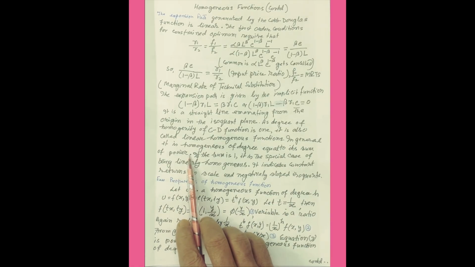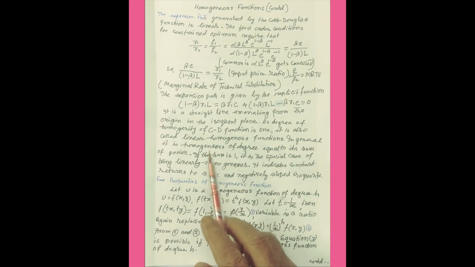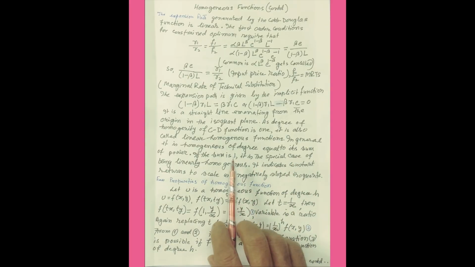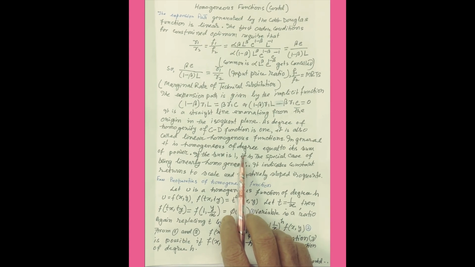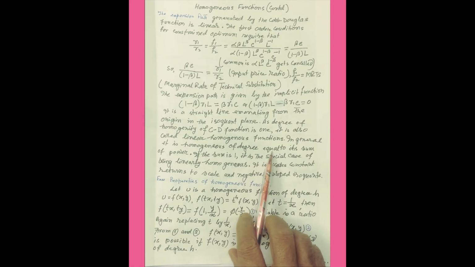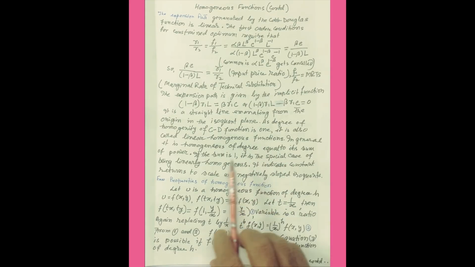So when we sum the powers of the variables, then it is the degree of homogeneity. So suppose sum of beta i, that means all powers. If we add together, then the value becomes the degree of homogeneity.